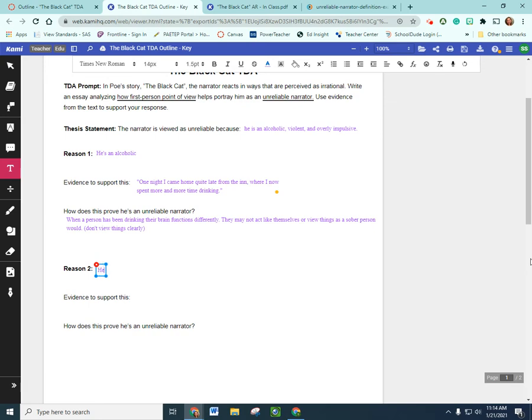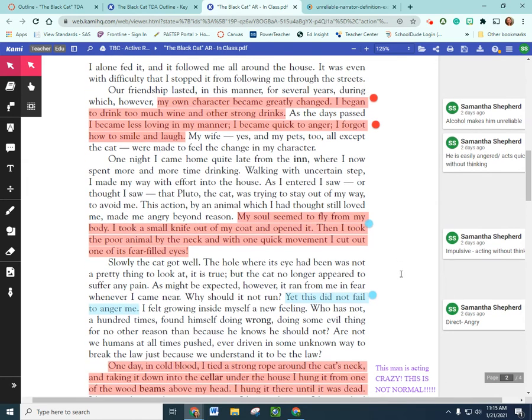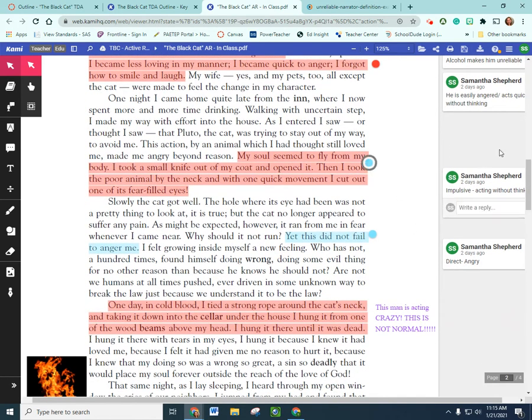I'm going to say he's easily angered and violent. Now we need evidence to support this. And there's lots of evidence in here of him being violent. Let's look. We highlighted some: easily angered.